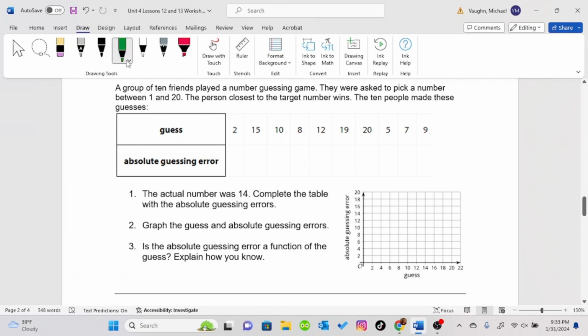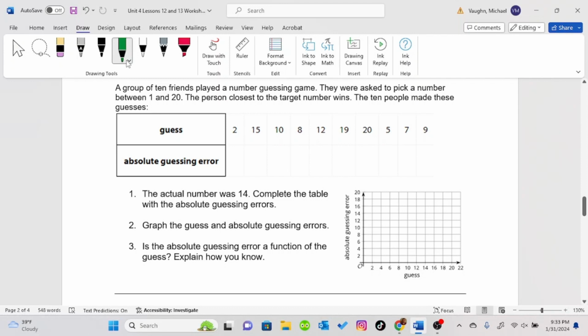A group of 10 friends played a number guessing game. They were asked to pick a number between 1 and 20. The person closest to the target number wins. The 10 people made these guesses.